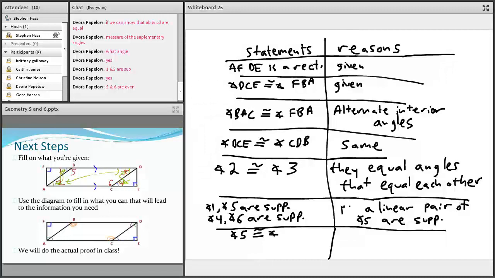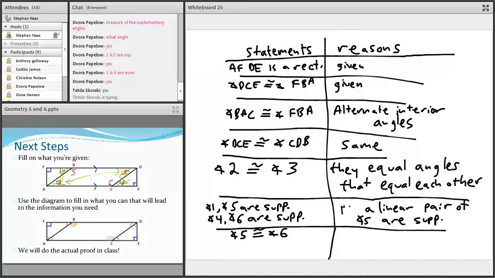And the reason I can say that is because each angle is supplementary to angles that are equal.